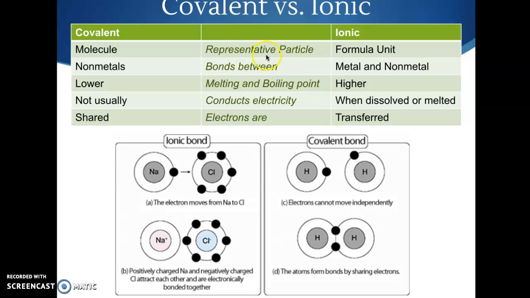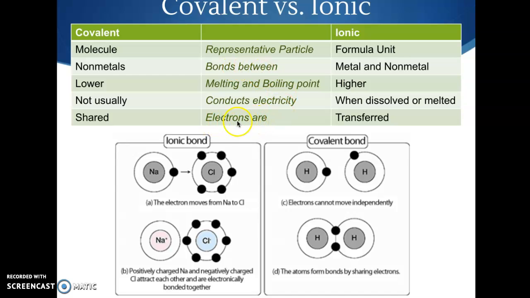The representative particle is the smallest part of something that is still considered that thing. For a covalent compound, it's a molecule. For an ionic compound, it's called a formula unit. And you can see the different properties right here. So you just want to copy all of this down, okay?